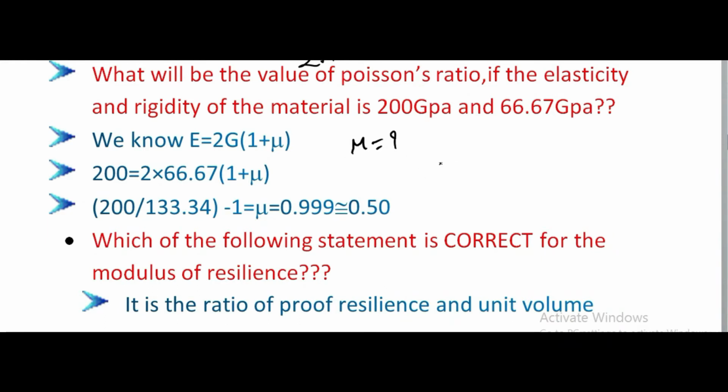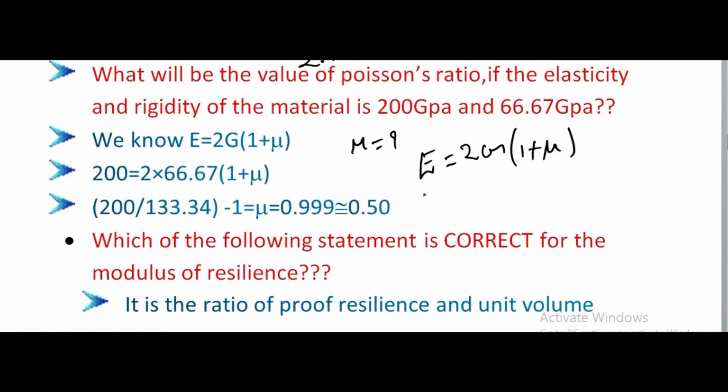We know that the relationship between Young's modulus and rigidity of material is E is equal to 2G into 1 plus mu. Simple. So put the values in this equation, whatever is given in the question.